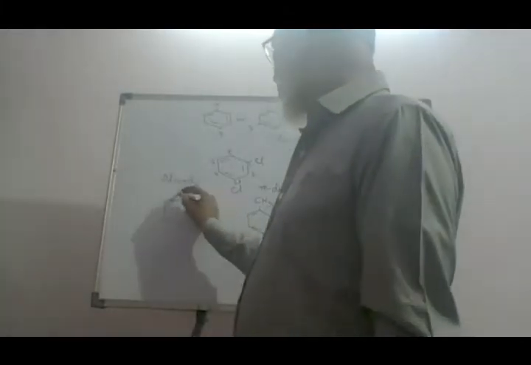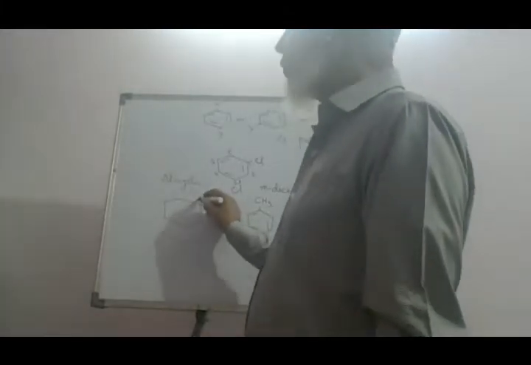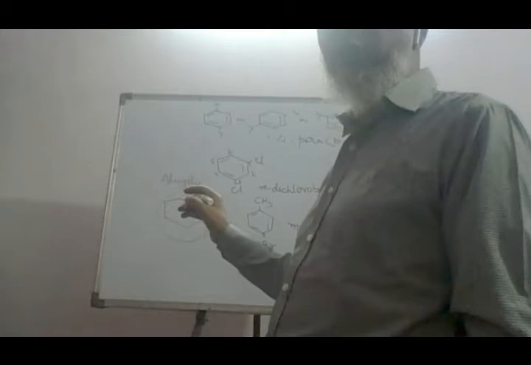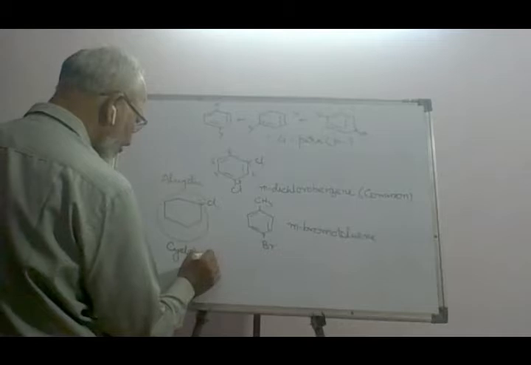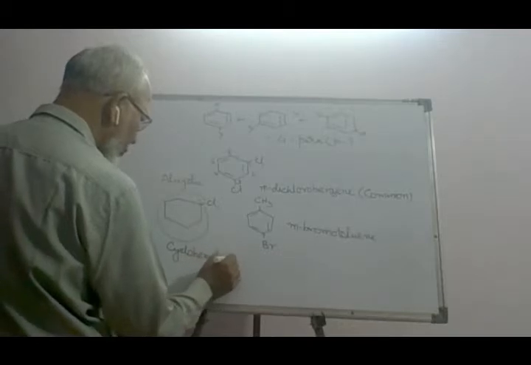So this was originally cyclohexane, but if you subtract one hydrogen atom from cyclohexane, it will become cyclohexyl and then chloride. So its name will be cyclohexyl chloride.